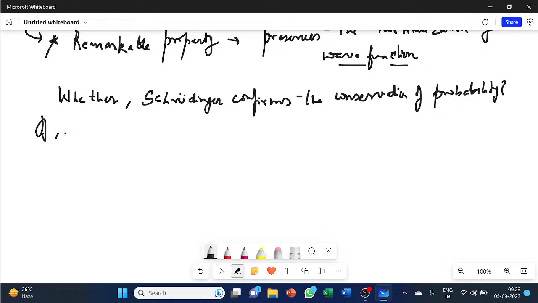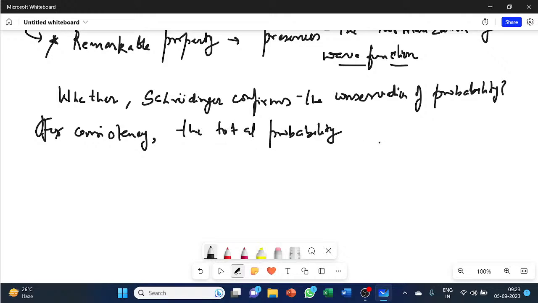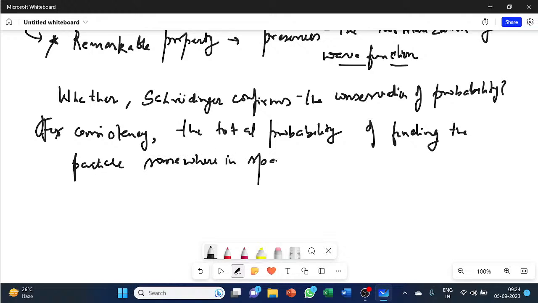So I would write it in a question form so that, for consistency, the total probability of finding the particle somewhere in space must remain one, must remain unity at all times, isn't it?